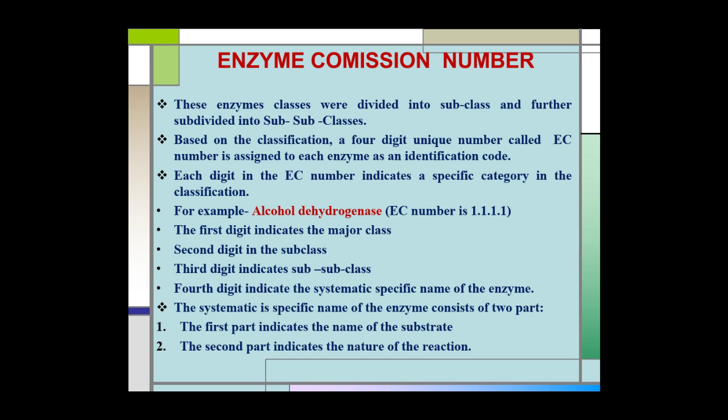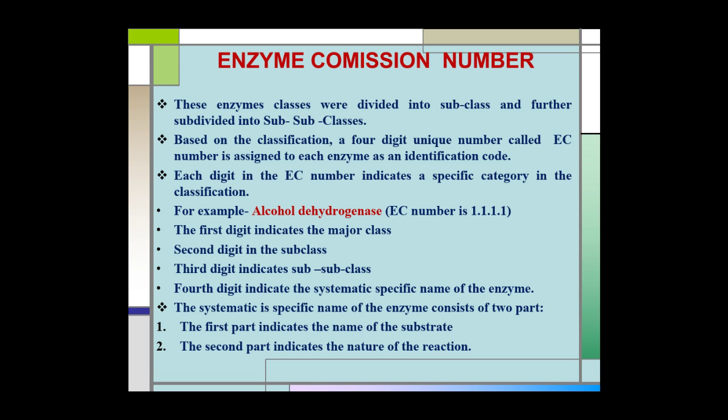For example, for the enzyme alcohol dehydrogenase, the Enzyme Commission number is 1.1.1.1. The first digit of this Enzyme Commission number indicates the major class, which for alcohol dehydrogenase is the oxidoreductase, and the second digit represents the subclass.